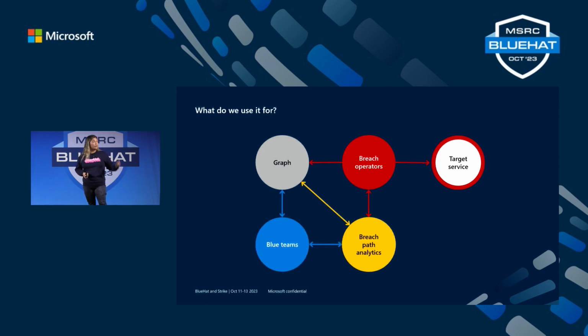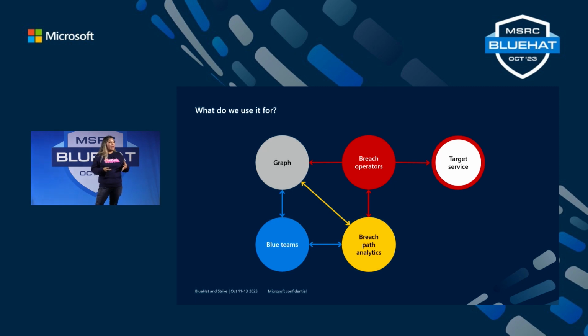And then we also work with our blue teams, not only to obviously notify them that, hey, there's this new terrible thing that we have found, please go and help me make it go away. We also work with them to get new data, right? New data points that we didn't even know was an issue, or a configuration that they see in the wild that we don't necessarily keep track of because we're sort of laser focused on breaching stuff internally.